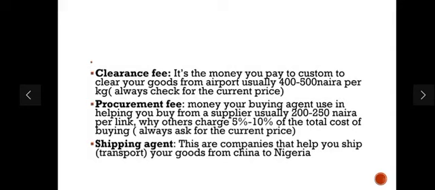For example, you are buying a shoe, and according to the specification in the Chinese chart, the shoe weighs 1 kg. You should already know that if your company is charging 500 naira per kg, that shoe alone has an additional cost of 500 naira plus the amount that you used in purchasing it.